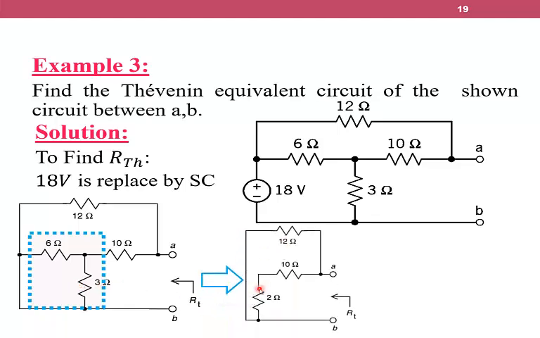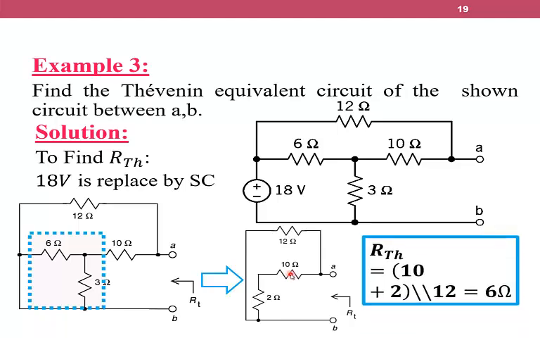The circuit becomes as this. After that, we have here 10 ohm in series with 2 ohm, so it becomes 12. Equivalent resistor here is 12 in parallel with this resistor 12. So R Thevenin equals 10 plus 2 in parallel with 12 ohm, it becomes 6 ohm.